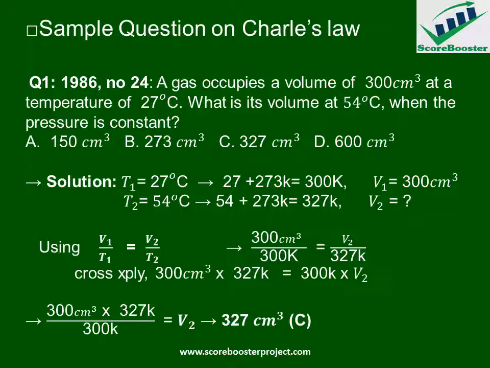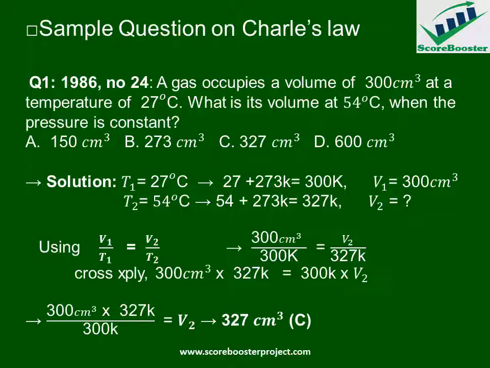Now on to solution. The first step is to write out the given parameters, and from the question we're given the initial temperature T1 to be 27 degrees Celsius, which can be converted into Kelvin by adding 273. So 27 degrees Celsius will be equal to 27 plus 273 Kelvin, and that is equivalent to 300 Kelvin.